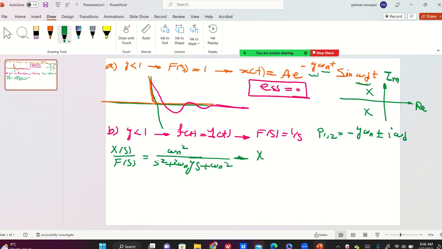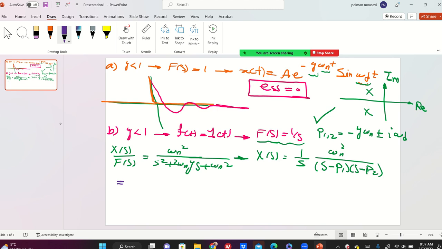So X of s becomes omega_n squared over s times (s minus p1) times (s minus p2), because you have two poles, s minus p1 and s minus p2, because you have the poles of the system like this, right?